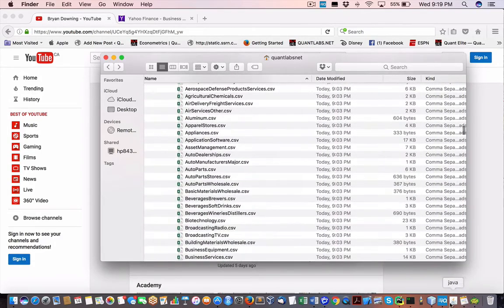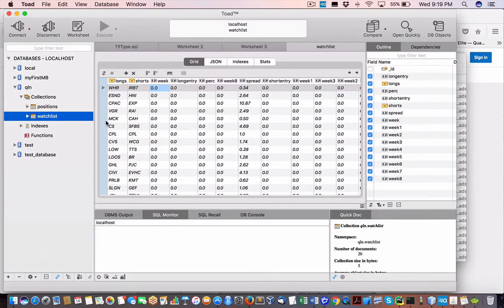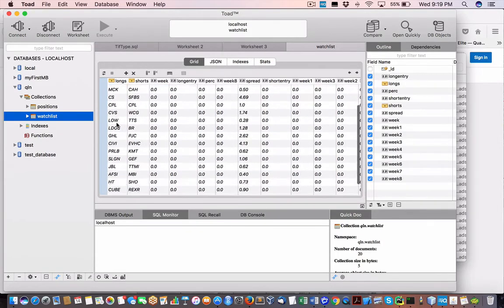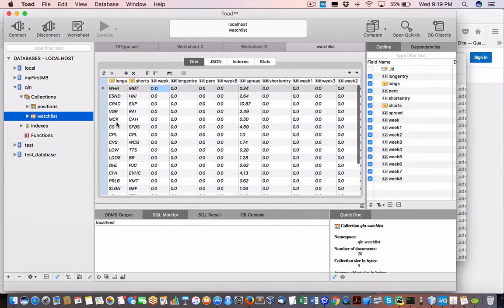So now what we do is we go into another process that will basically take all those combinations and add positions. So this is our database here, Mongo, and these are our combo pairs.